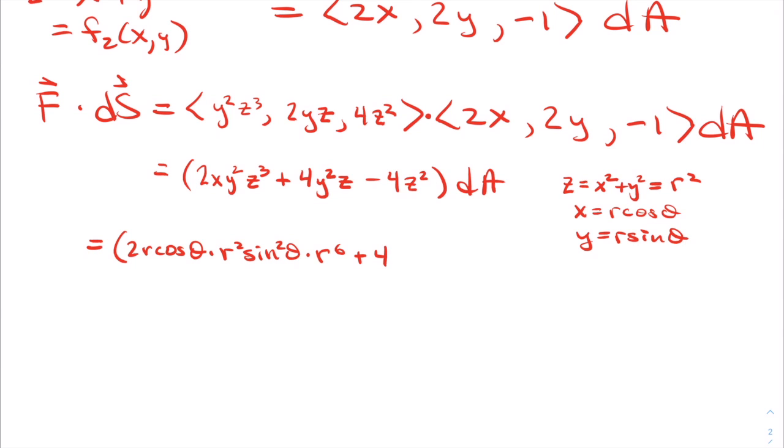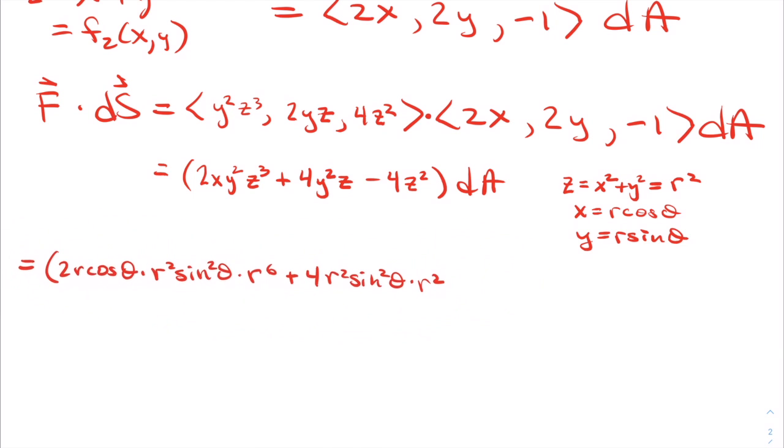That's going to be r squared sine squared theta times z, which is another r squared. Now minus 4z squared, that's r squared squared. Like that. And I think we could put a dA outside there. A lot of combinations, I guess.